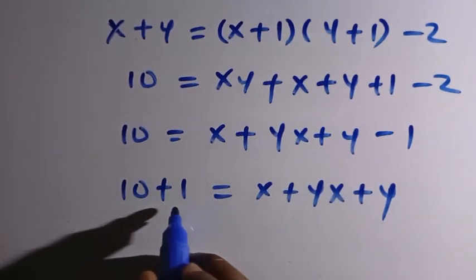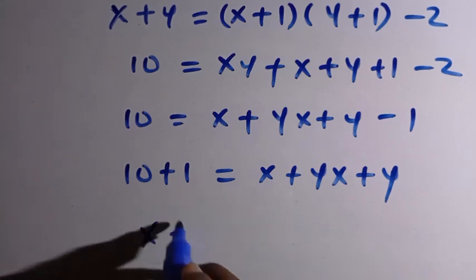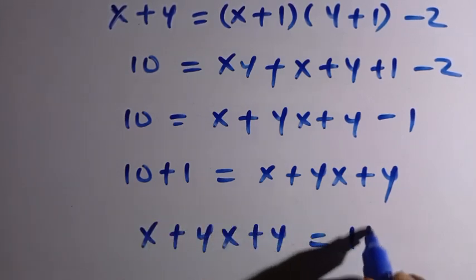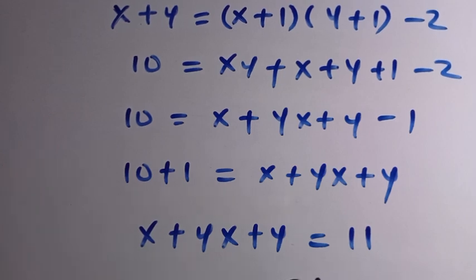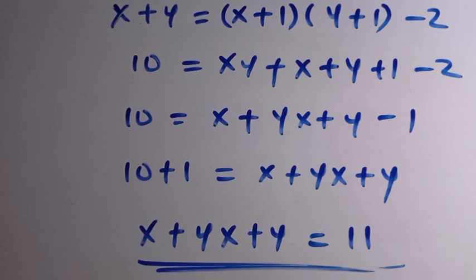And this is 10 + 1, which is 11, it means we can write this as x + y + xy equals 11. And this is the original question that we were given, where we substitute x + y equals 10. So this shows that the value of x + y equals 10 is the real answer to this.